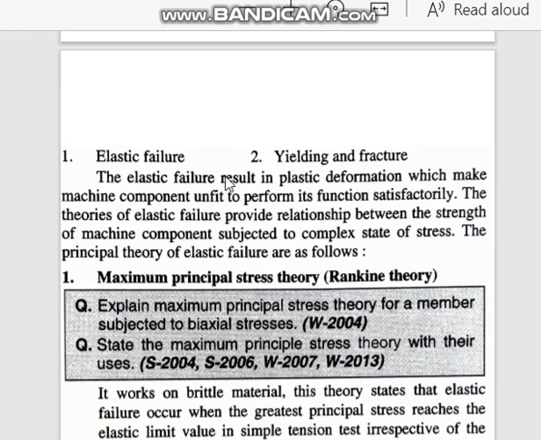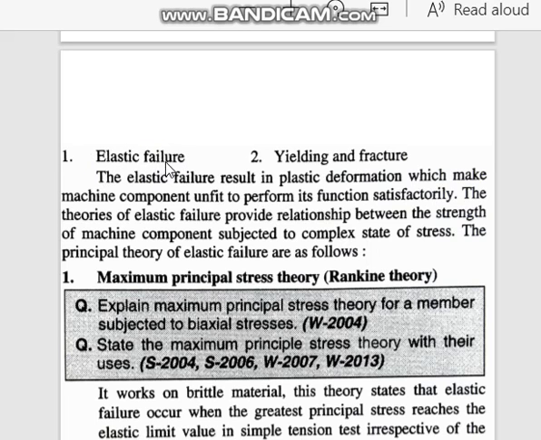See, elastic failure results in plastic deformation, which makes the machine component unfit to perform satisfactorily. That means elastic failure means it has crossed its elastic limit.